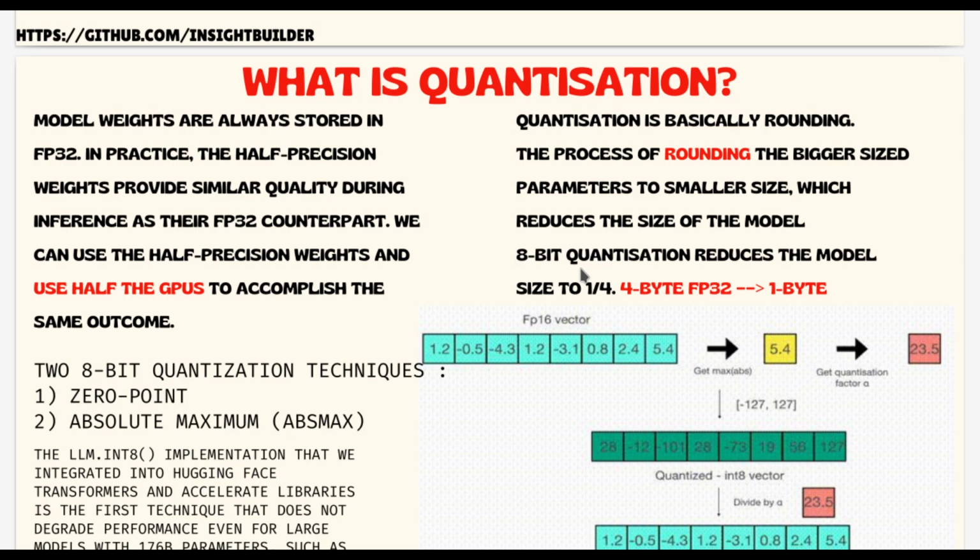For example, 1.5783 can be rounded to 1.6. In the same way, when you convert a higher precision number to a lower precision, from a 4-byte FP32 to an 8-bit, that is 1 byte, number, you reduce the number of decimal spaces. And there are a couple of ways to do that.